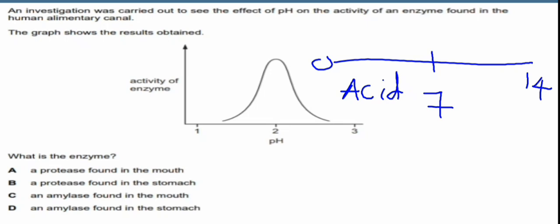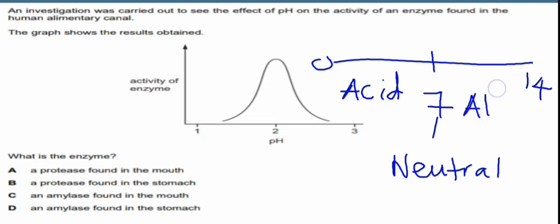And the pH of 7 is called the neutral pH. Then apart from this one, the pH of 8 up to the pH of 14 is called the alkaline pH. So that is one thing that you need to know.